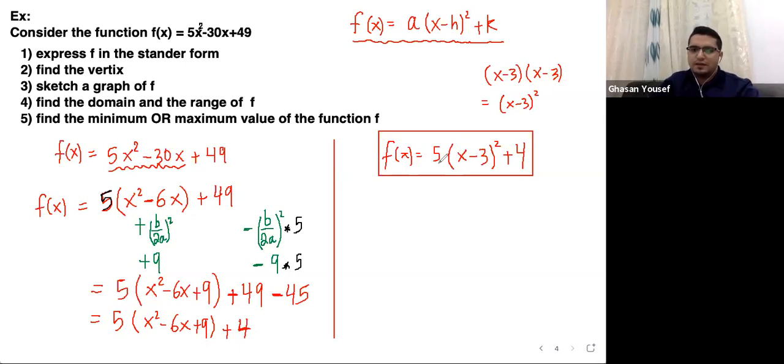This is equal to 5 times (x minus 3) squared, plus 4. Is it clear, Eric?